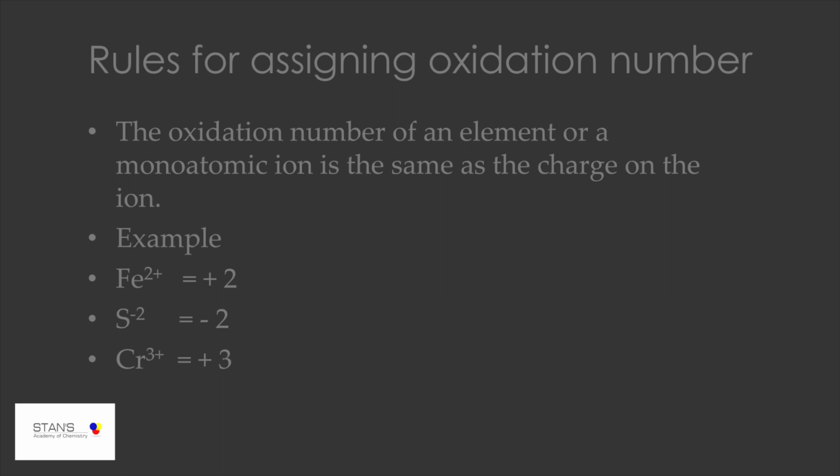Chromium 3 positive, or trivalent chromium, has an oxidation number of +3. Nitrogen with 3 negative, which is a nitride ion, has an oxidation number of -3. This is what we mean by saying a monoatomic ion has an oxidation number which equals its charge.